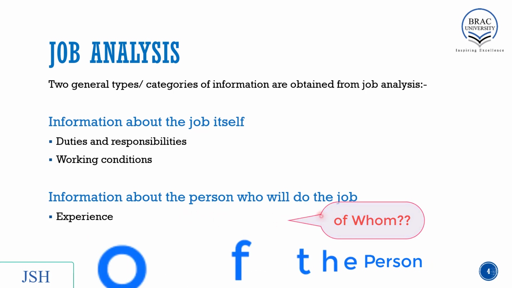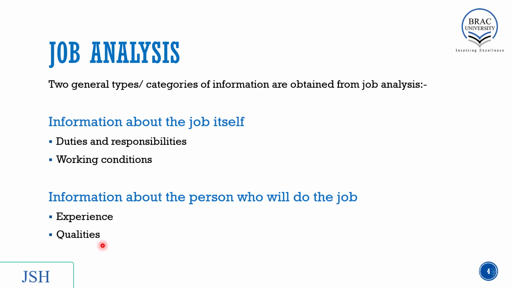Then we discussed qualities, right? Qualities of whom? Qualities of the person who will do the job. Similarly, we discussed skills and personal characteristics. All of these things are information about the person who will do the job or who will be hired to do the job. So again, by doing job analysis, generally we get two different types of information.